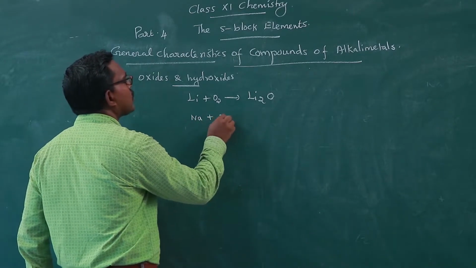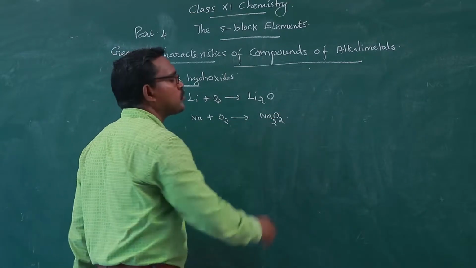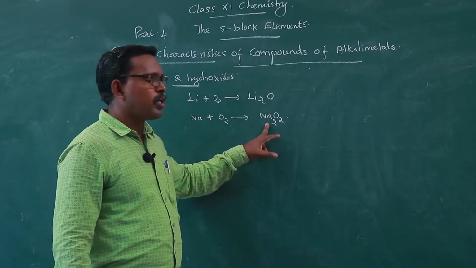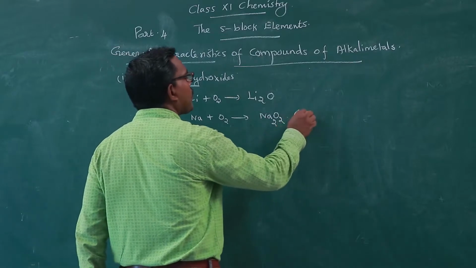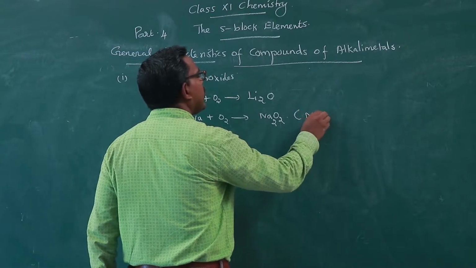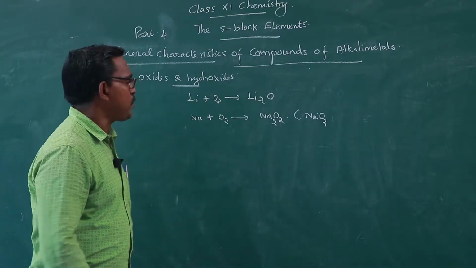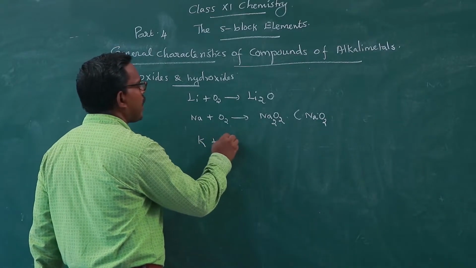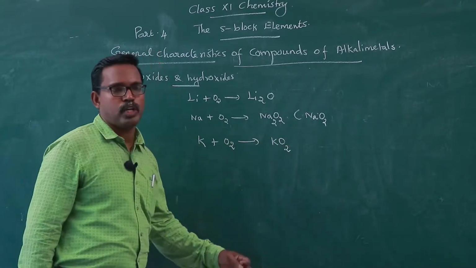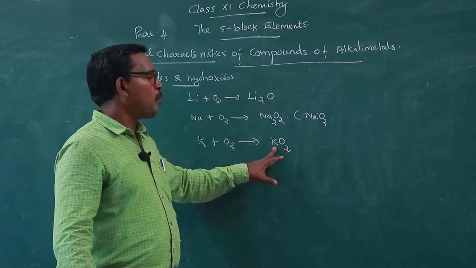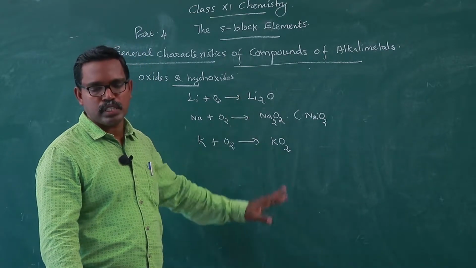Sodium reacts with oxygen and gives sodium peroxide, Na2O2. In addition to this sodium peroxide, some superoxide, NaO2, is also formed. Potassium, rubidium and cesium react with oxygen and give superoxides only: potassium superoxide, rubidium superoxide and cesium superoxide are formed.